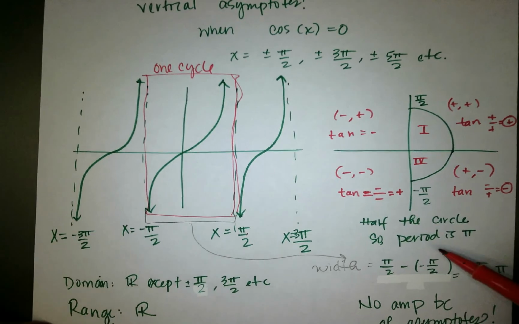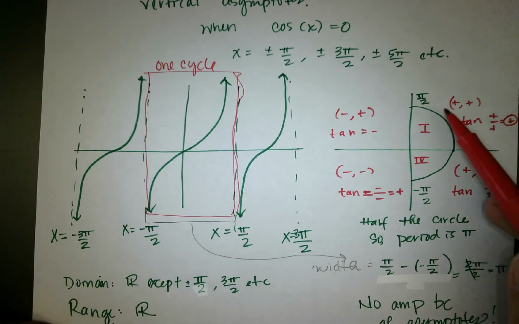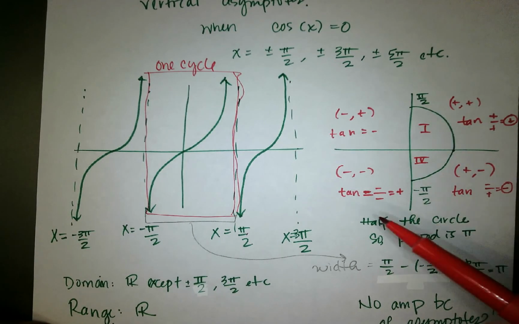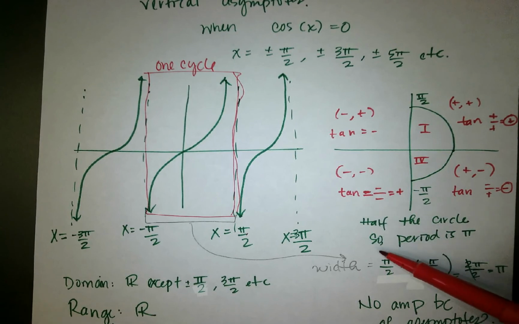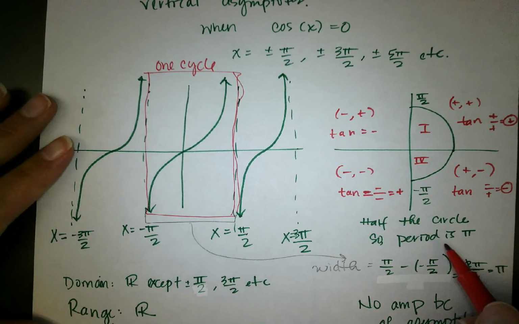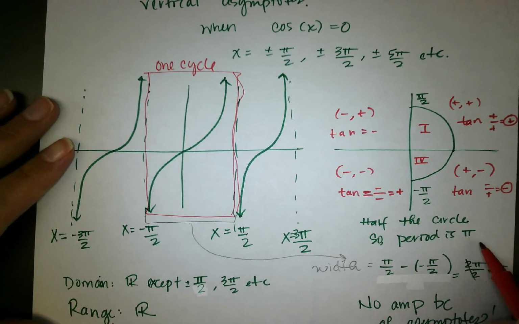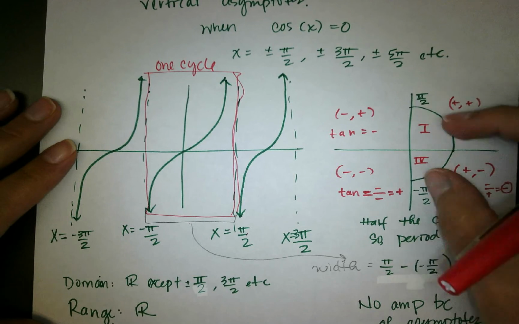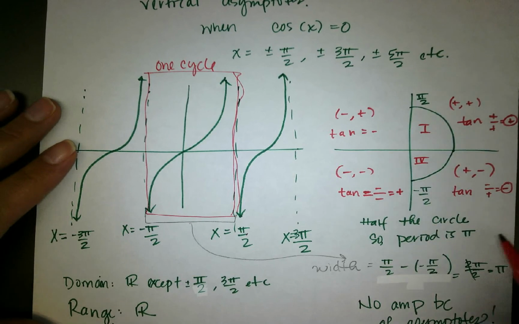So you only need half the circle to get all your outputs. If you count half of a circle, that is pi. If you want to see the math to that, look at the width of this graph. How wide is your graph?